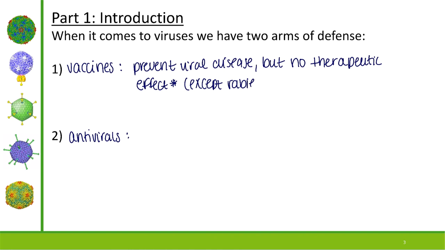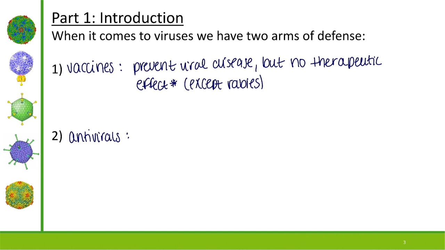If you get bit by a rabid animal, you then get the rabies vaccine, and because rabies takes such a long time to get to the CNS, you have some time to get your vaccine and to build up immunity that way. So you can get therapeutic effects with rabies, but other than that, the whole purpose of vaccines is to prevent viral disease.